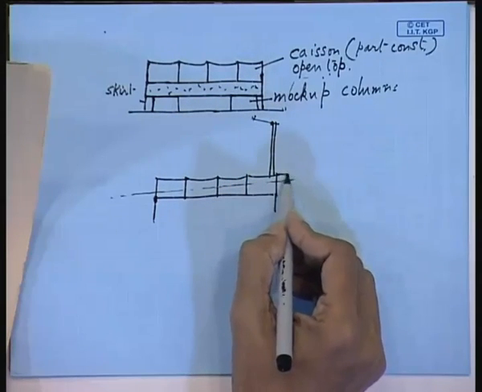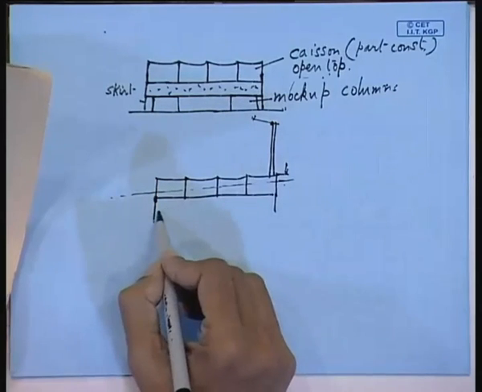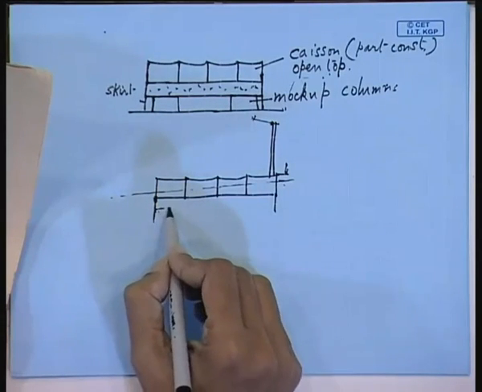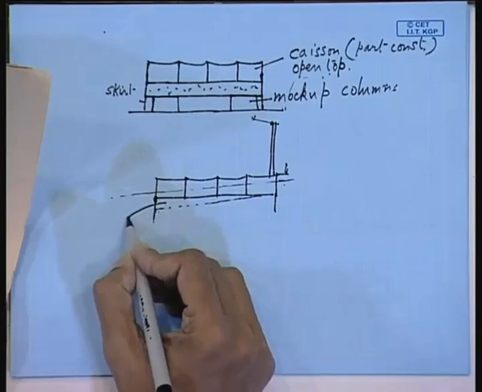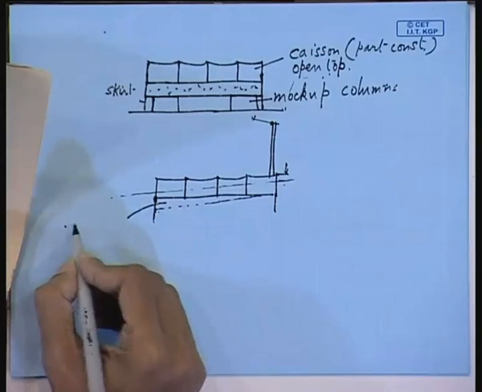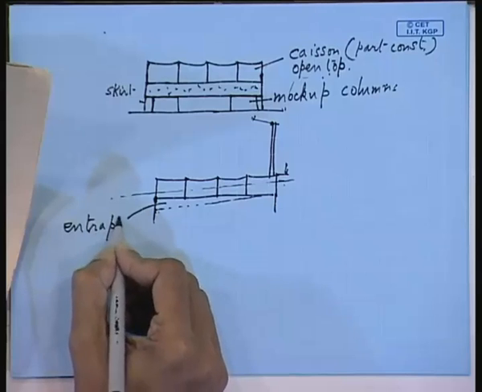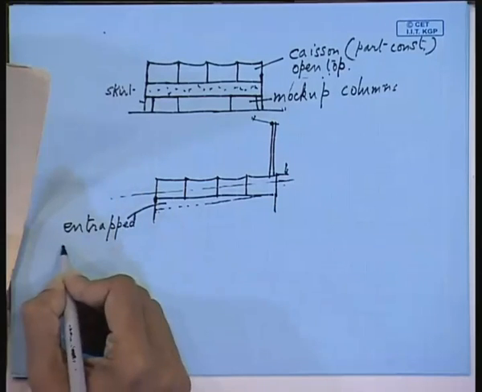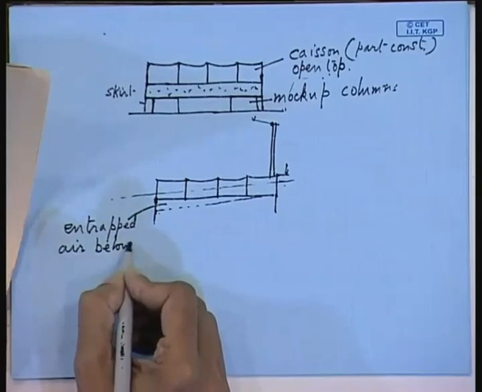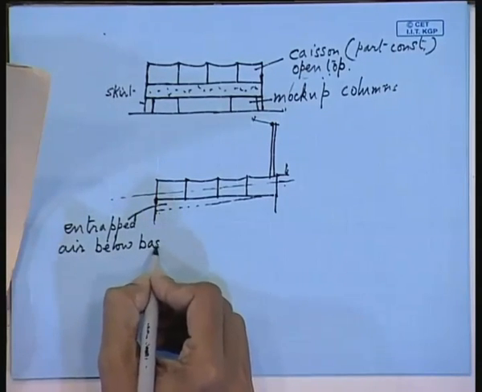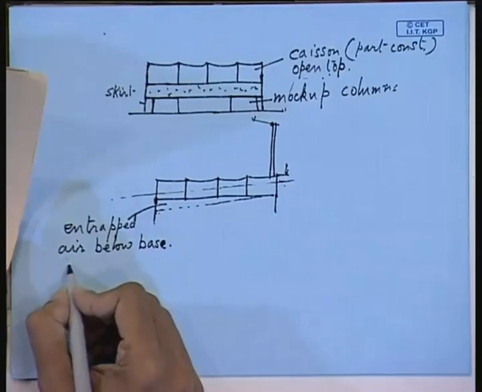Now here you have to calculate the minimum freeboard, and there is also going to be entrapped air. This is going to be another cause of concern. Entrapped air below the base. This will cause free surface.